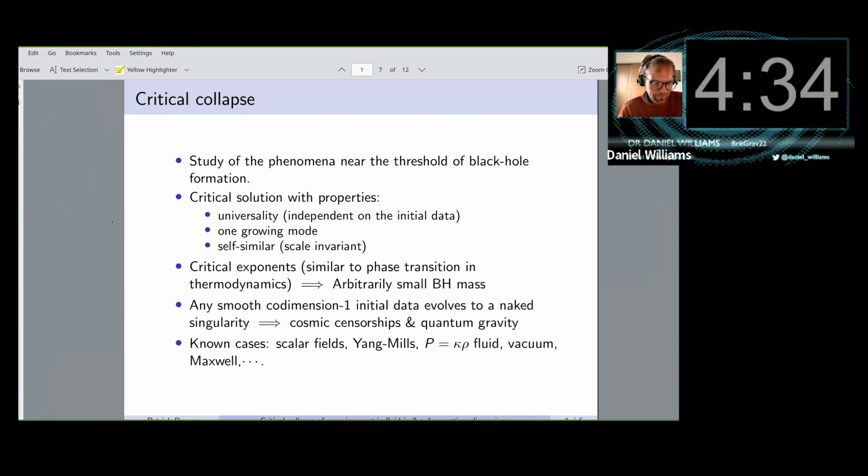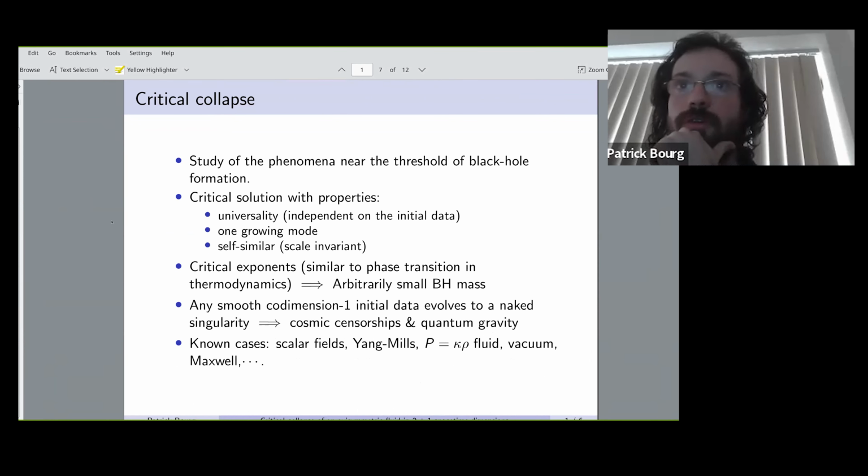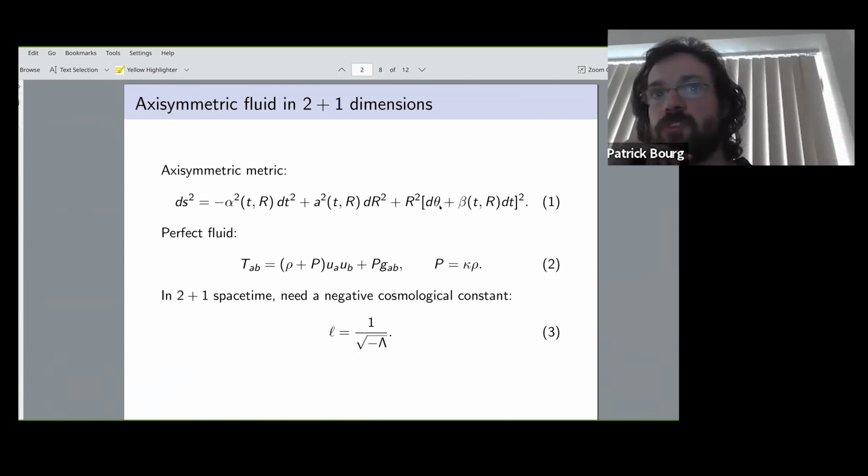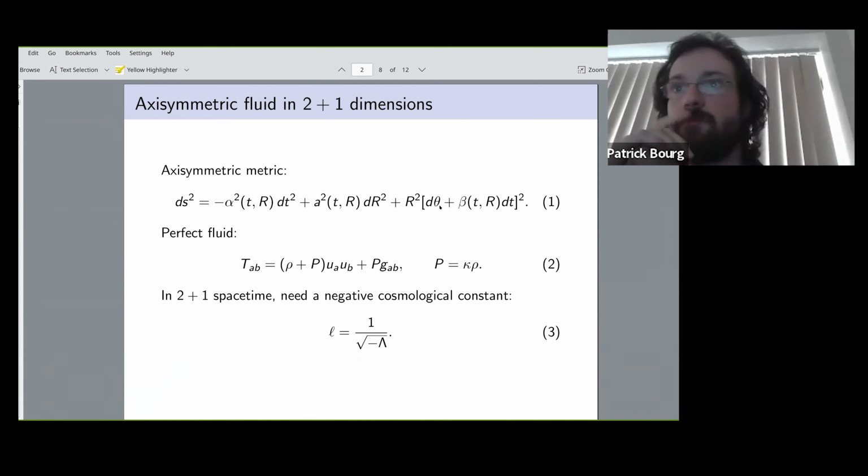Okay, cool. So now to go into our setting: an axisymmetric fluid in 2+1 dimensions. So we have the usual metric with the lapse for the dt squared component, as in typical spherical symmetry. That's one thing that happens when you're in 2+1 dimensions, which makes it much easier to deal with: even though you're in axisymmetry, everything still depends only on your time and radius coordinates.